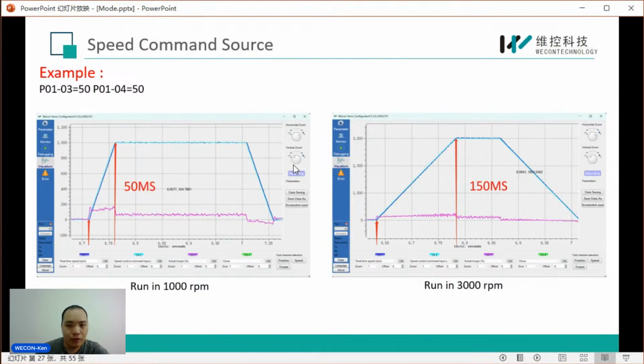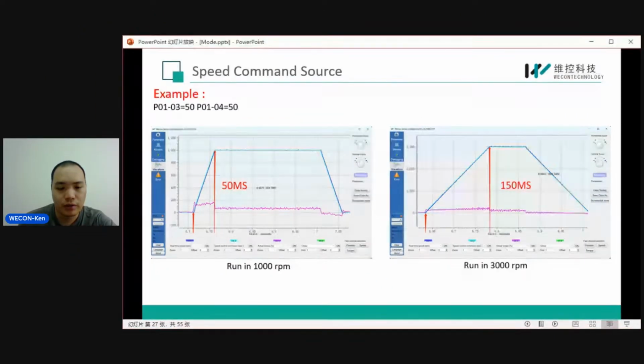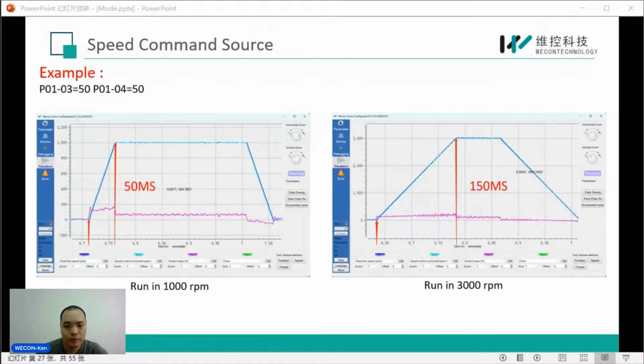And in these pictures, it is easier to understand. We set these two parameters to 50 for the first picture. The motor spent 50 milliseconds to achieve the target speed.